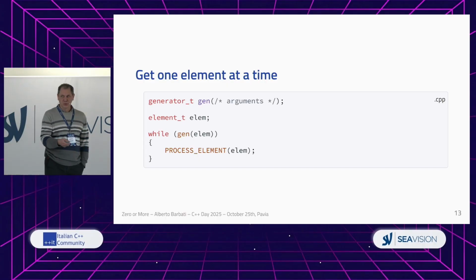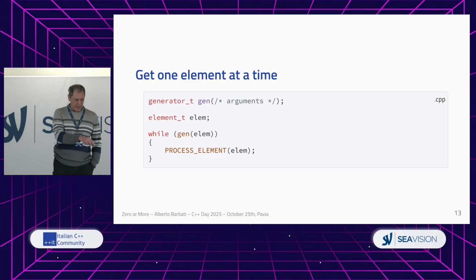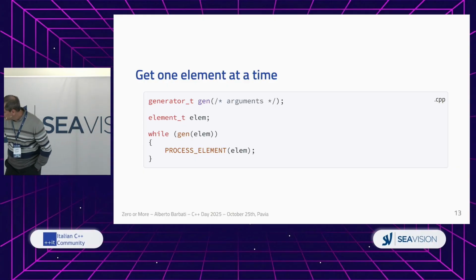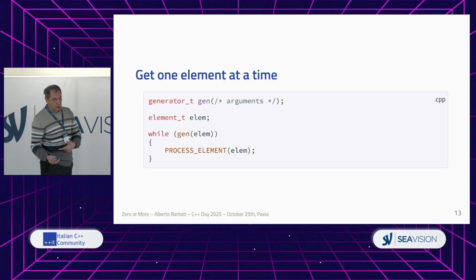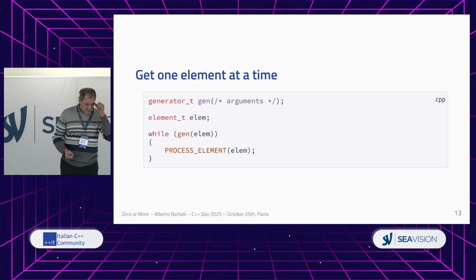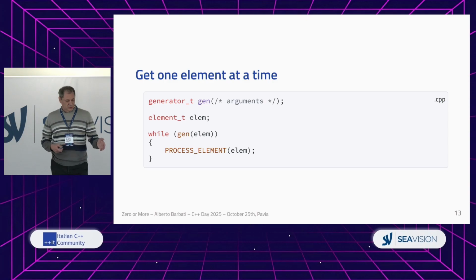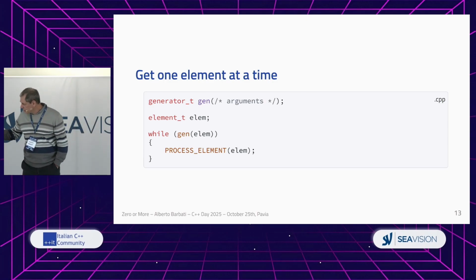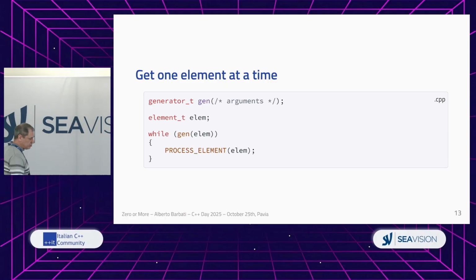But using operator overload, you can have this syntax, gen(), in the while here. So it is an object, but looks like a function. So the loop is the same. You see here, instead of get_elem, you have gen(). So what changed here?